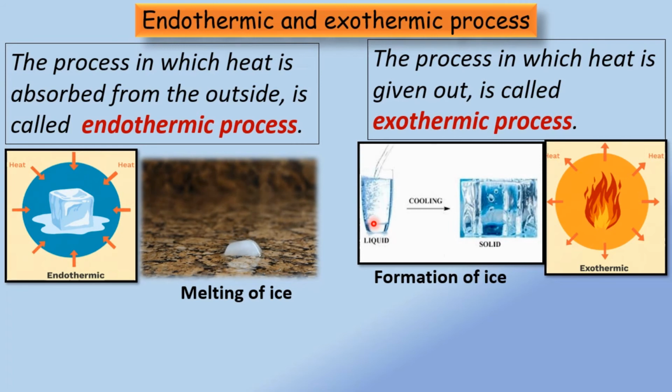The water molecules, on losing energy, begin to move slowly, come closer and pack close enough to change to ice. In this process also, the water releases heat to the surroundings. So, it is an exothermic process.